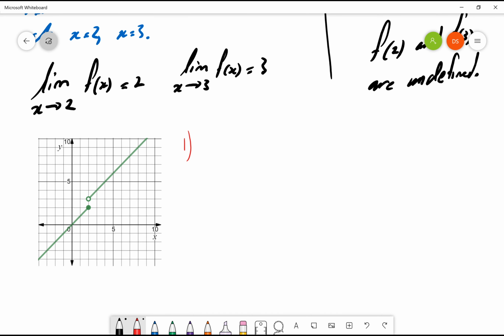For question 1, what is f of 5? Question 2. What is f of 0? Question 3. What is f of 1? And then question 4. What is f of 2? And then question 5. What is the limit as x tends to of f of x?